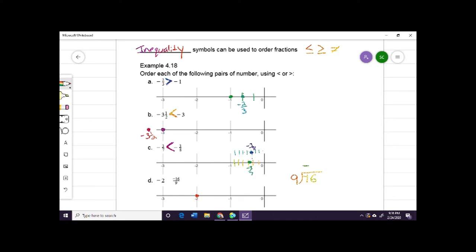So this goes in negative 1 times, get negative 9, because I multiply the negative 1 times the 9, and then I have to subtract negative 9, which means I'm adding 9 to negative 16, and that is negative 7. Okay, so if you're not solid on your adding and subtracting of negative numbers, you need to go back and work on that. Come see me if you need help.